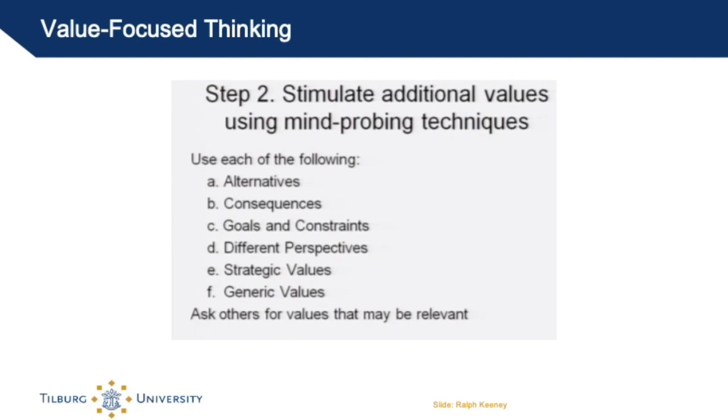So what would, I don't know, my mom say about this? Thinking about strategic values that you might have and generic values, and ask others for values that might be relevant. So this would be part of the strategy for trying to find more values that matter to us.